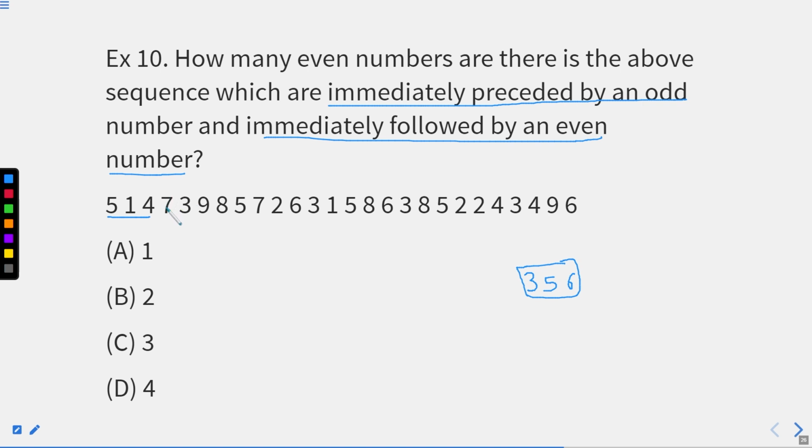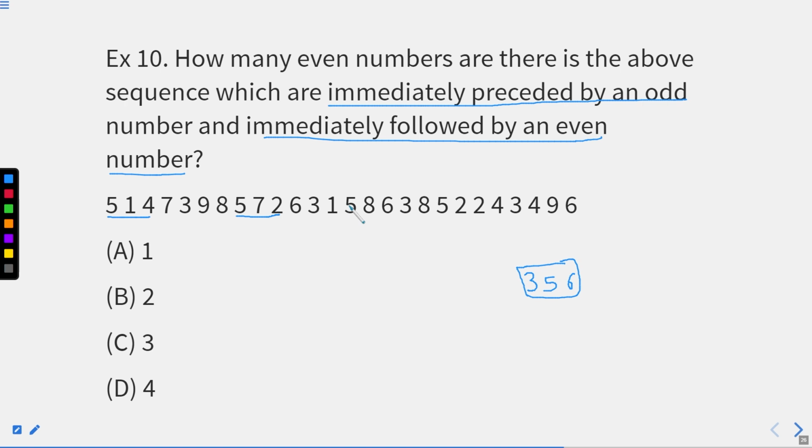So it will not work. Similarly, if we look at 8, again both sides we have odd. If we look at 7, we are able to figure out an odd number before and an even number after. So again it will form a pair. Hope it is clear. Again if we see 3, we need an even number after it. We are not having that.